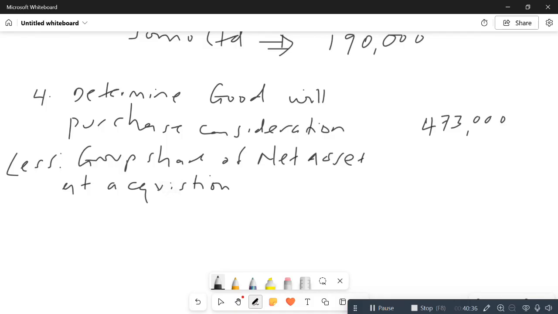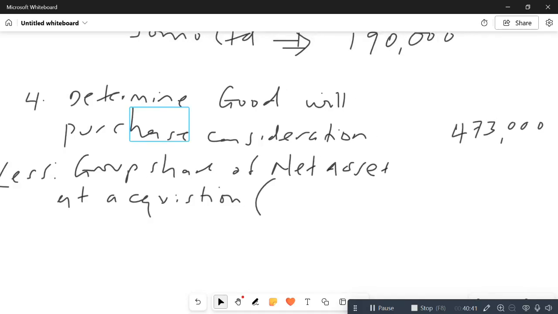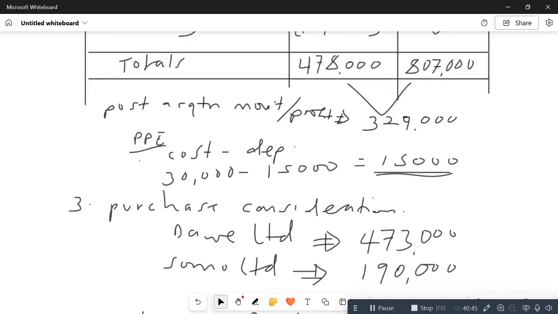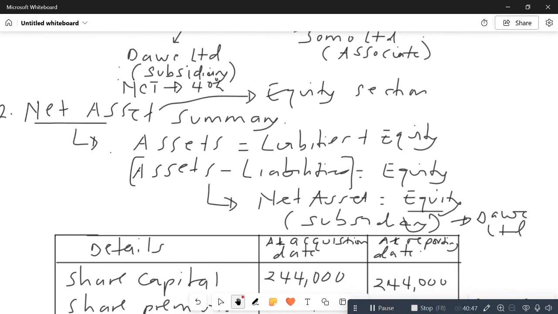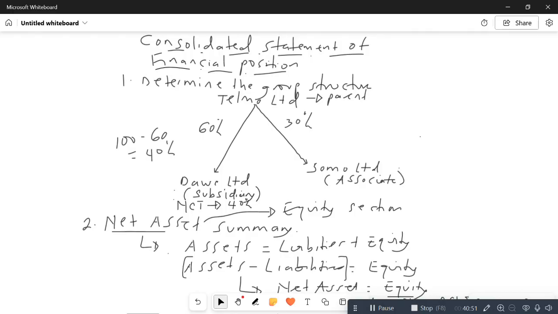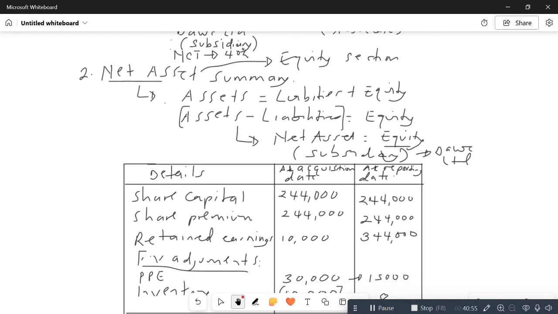And our group share, how much are we holding in this company? How much did we buy or acquire from this company? We can get that by checking our group structure. That's when we see the importance of the group structure. Telemo Limited acquired 60% in Dawe Limited. So our percentage for this case is 60%.